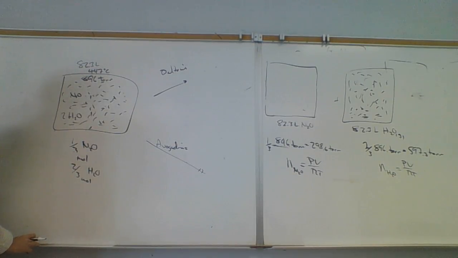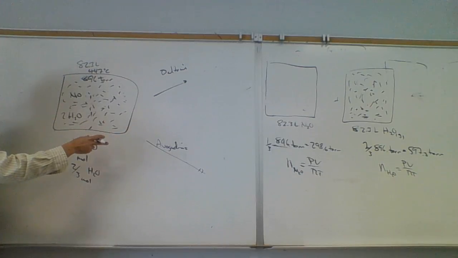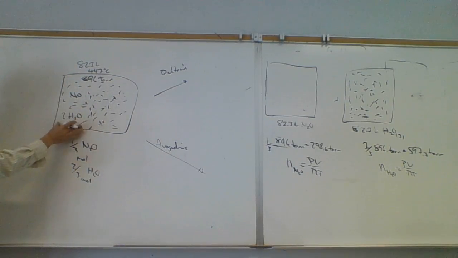If I visualize this using Daltons, the mole fraction is the same as the pressure fraction. Nitrous oxide is 1/3 of the mixture. Therefore, 1/3 of the volume will be nitrous oxide, and 2/3 of the volume will be water vapor.